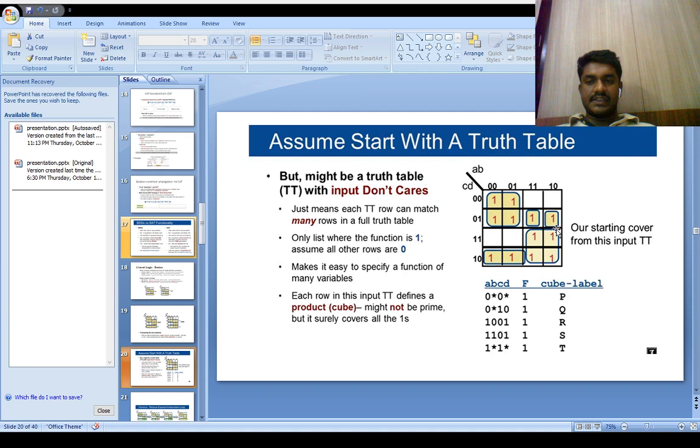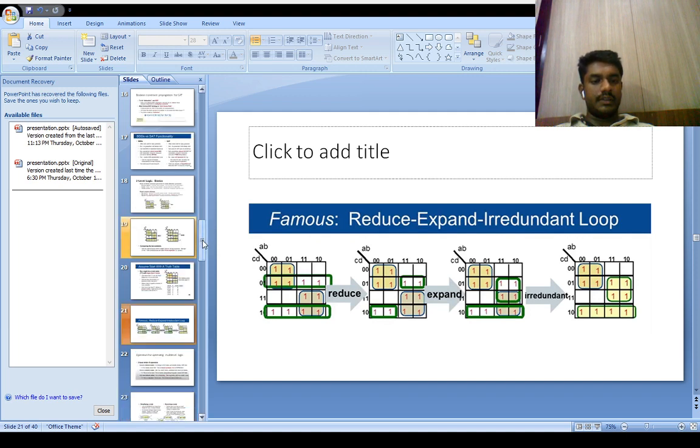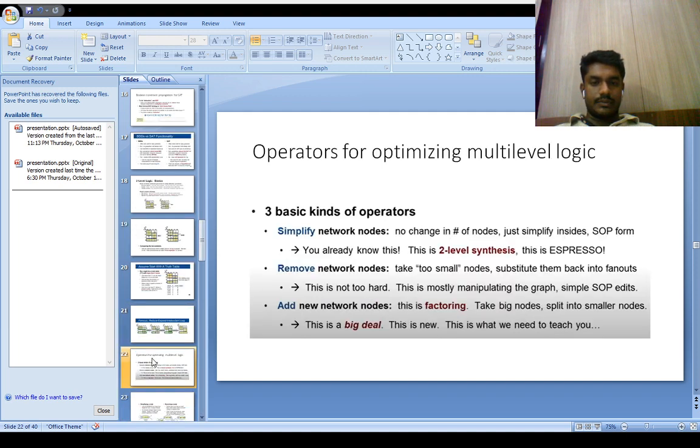As we indicate these as cubes, which will be important, we will see in the next slides. They have given a perfect K-map with a minimum number of mappings, showing how to reduce and expand and find the minimum form, as we already saw in DLD. Those are the rules we will use.